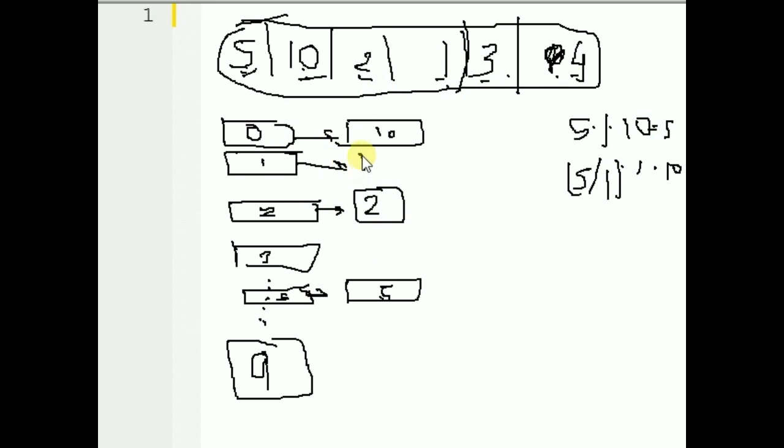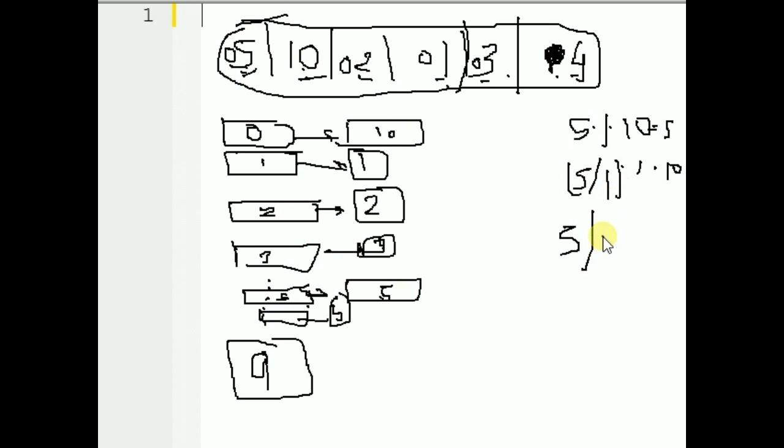It would come here as 1, 3 and 4. This is the first pass. In the second pass, here it's 0 here, it's 1 here, it's again 0 here, 0 here, 0 here, and it's 0 now. Now suppose any of the numbers here, suppose 5, so 5 by 10.